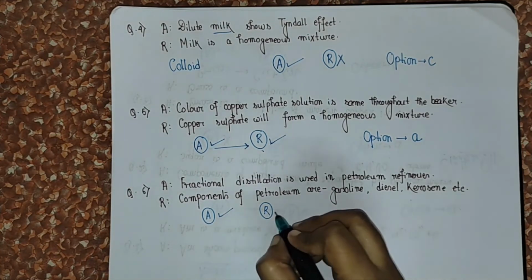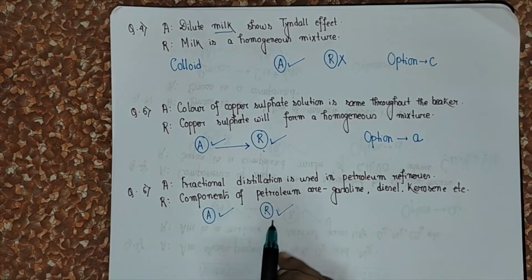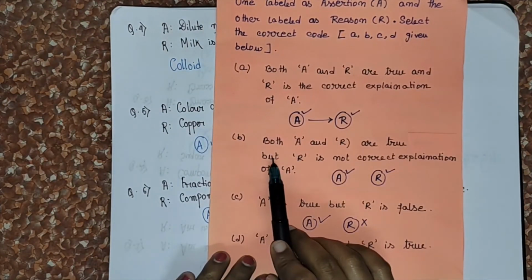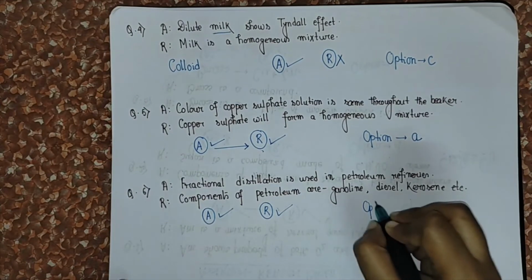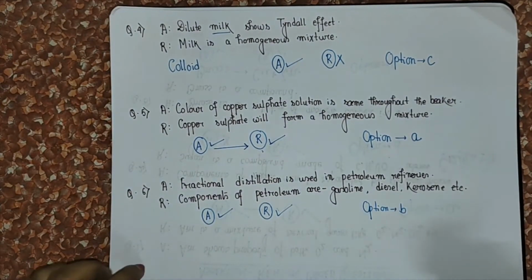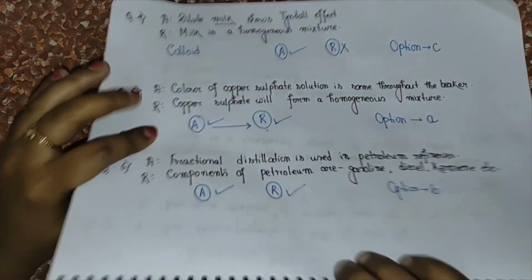So here the reason is also correct, but the reason is not the proper explanation of the assertion. So which option will we choose? We will choose option number B. So option number B. Now move to the next question.